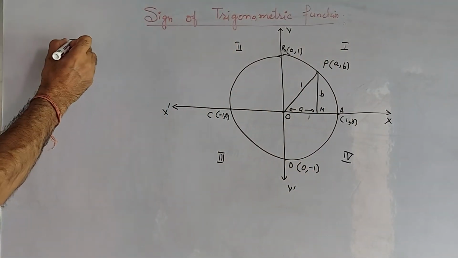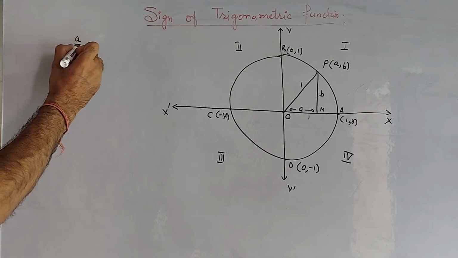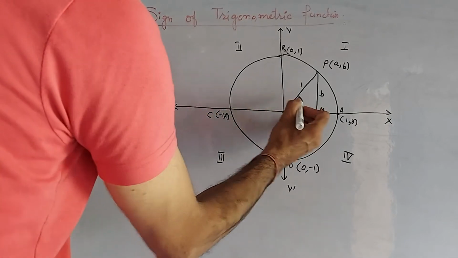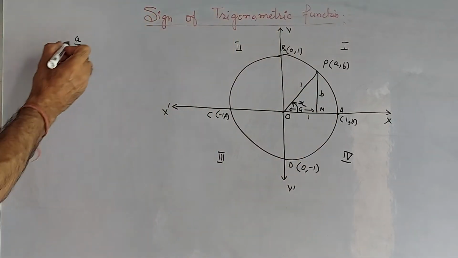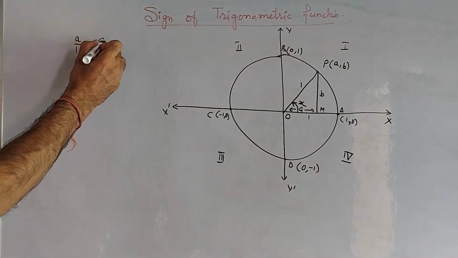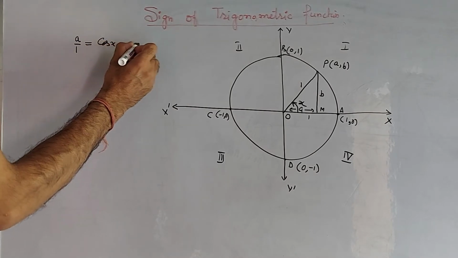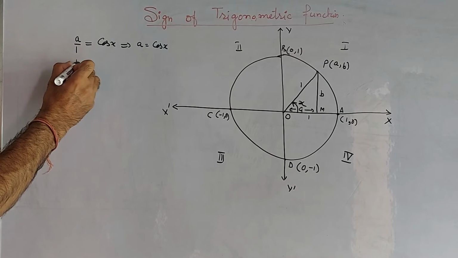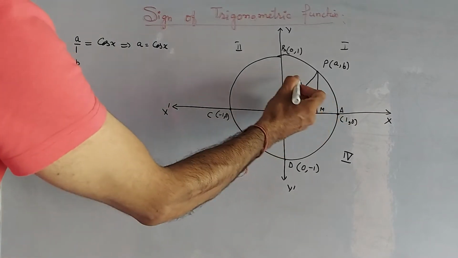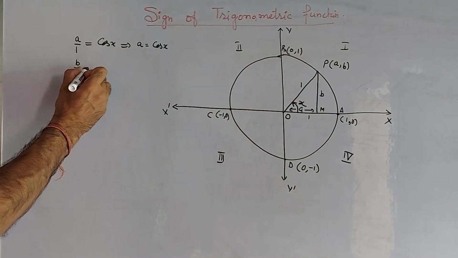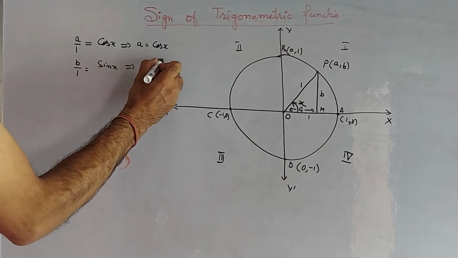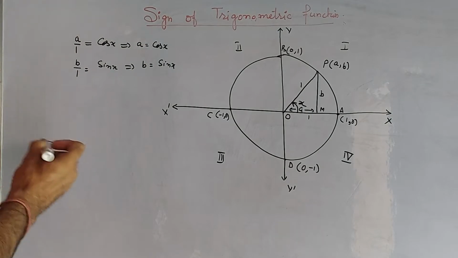We know that a upon 1, let this angle in the anti-clockwise direction be x. So a upon 1 is cos x, which implies a is cos x. Perpendicular upon hypotenuse is sin x, which means the value of b is sin x.